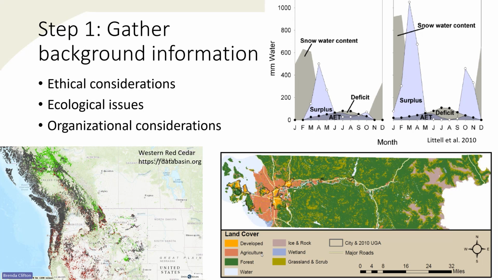In the bottom right, databasin.org is a great source for looking at where species occur and where they might migrate to. This is a visual for Western red cedar. On the bottom of the graphic, you can see red dots.